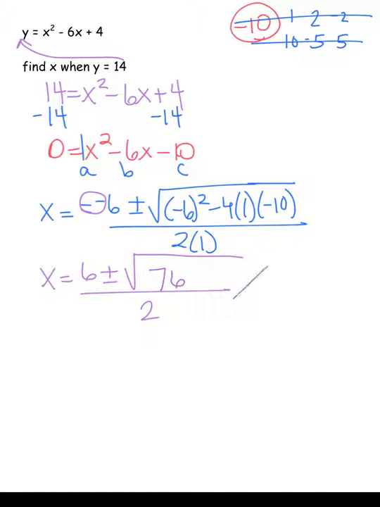So again, I'll be able to type it into my calculator and get two answers. 6 plus the square root of 76, equals, divided by 2, 7.359, and 6 minus the square root of 76, equals, divided by 2, negative 1.35.